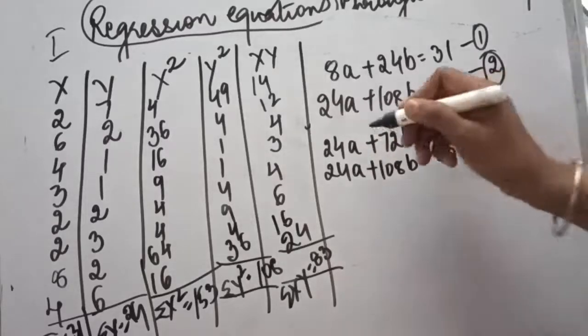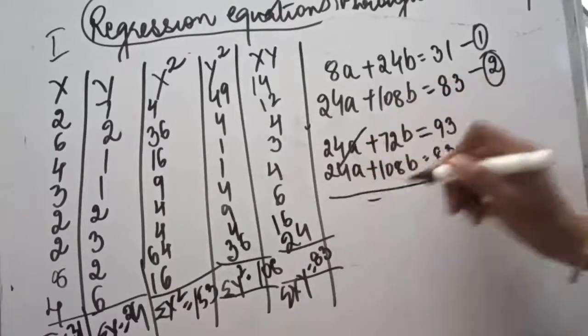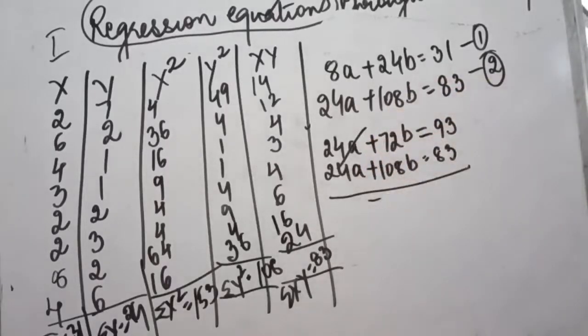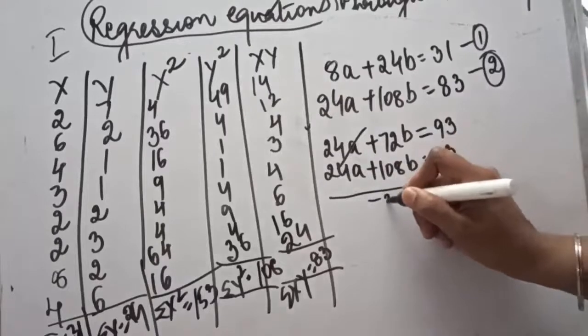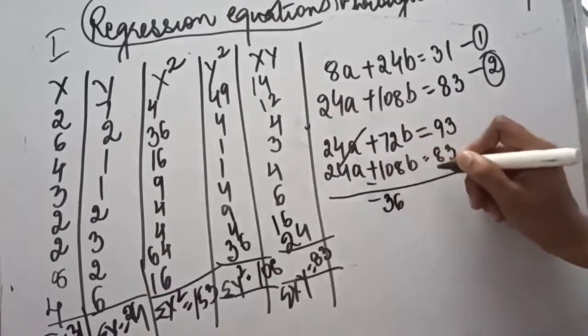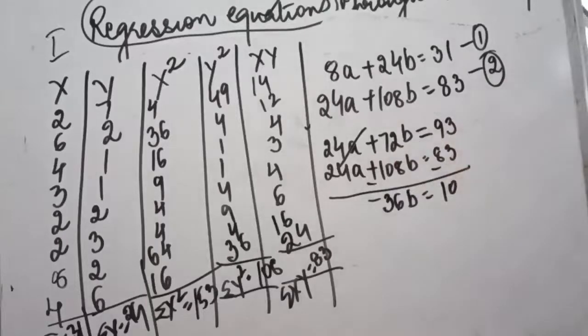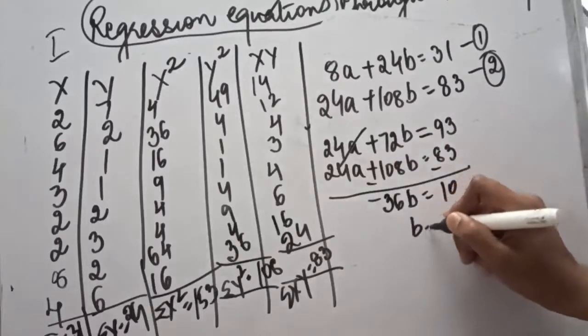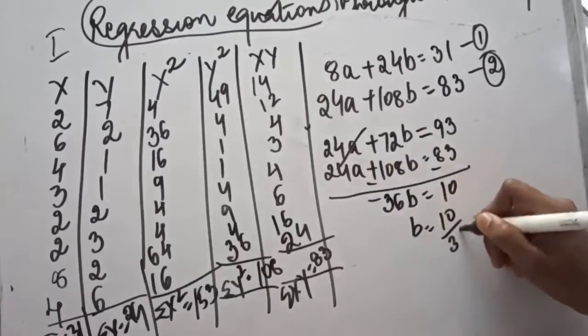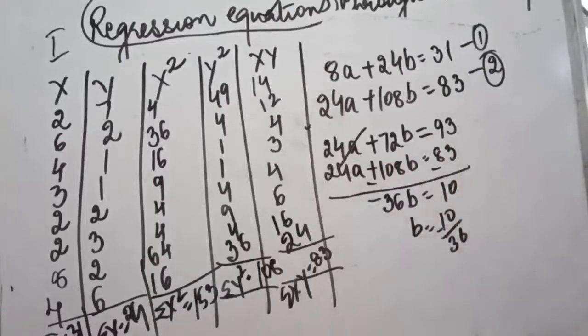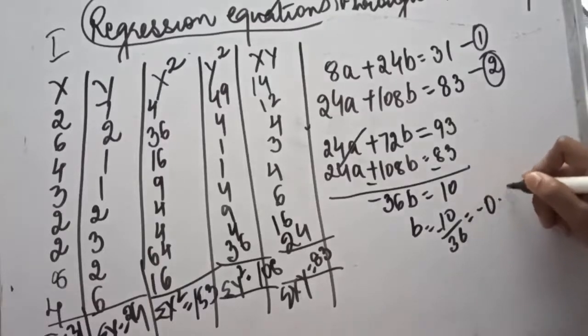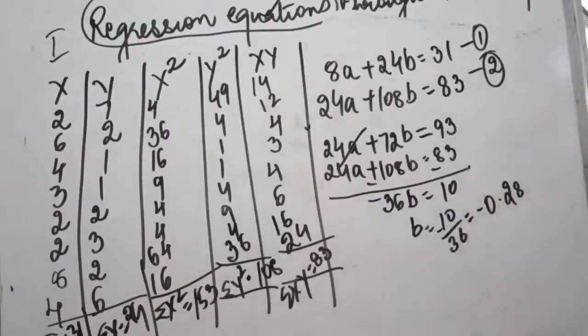So now we will just delete whatever is possible. 108 minus 72 will be 36, and because we have to change the signs, it is minus 36 is equal to 10. So our b comes out to be minus 10 upon 36. We can say it comes out to be minus 5 upon 18, or minus 0.28. So b is minus 0.28.